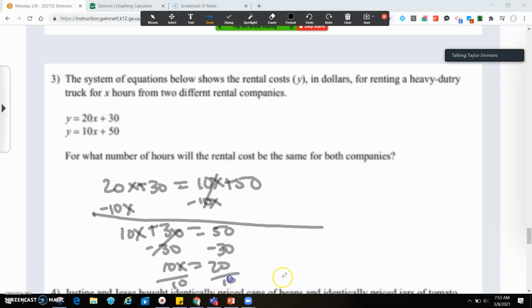Divide by 10 on both sides, so x equals 2. For what number of hours? So they're actually just asking for x. So this answers their question: 2 hours. We don't even have to solve for y because that's dollars, right?